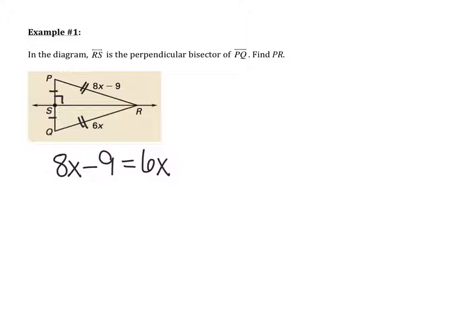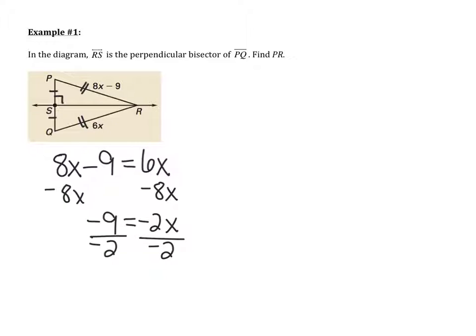So again, my goal is to solve for x. My first step would be to subtract 8x. So I have negative 9 is equal to negative 2x. Divide both sides by negative 2. And so I end up with x equals 9 over 2, which we can think of just as 4.5.